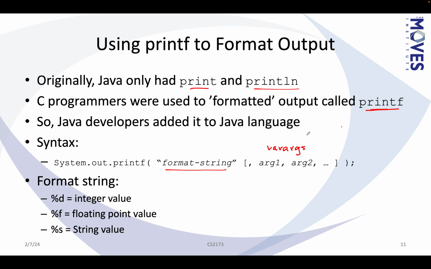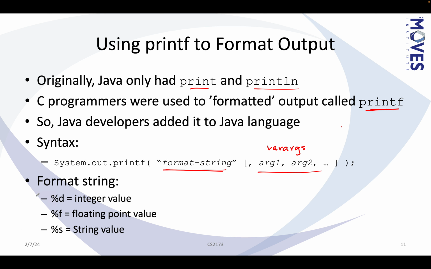So far, when we define a method, we have to give it a specific number and type of arguments, and we have to kind of hardwire that in. But there are some circumstances in which, what if an argument is optional? What if I don't want to give an argument? Or what if I want to give, for the same method, maybe one argument or two arguments or three arguments? Well, you can actually do that. And this is an example of that. So you give one format string followed by a variable number of arguments.